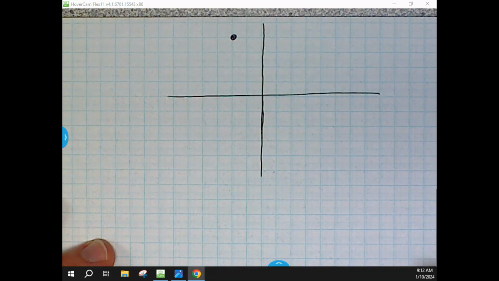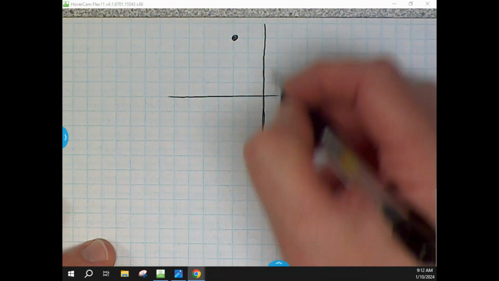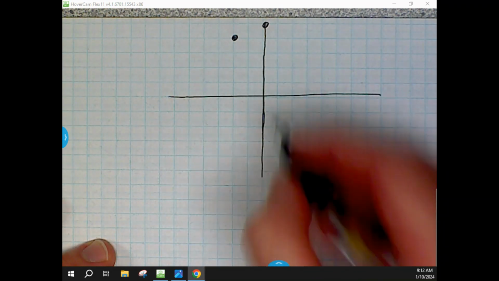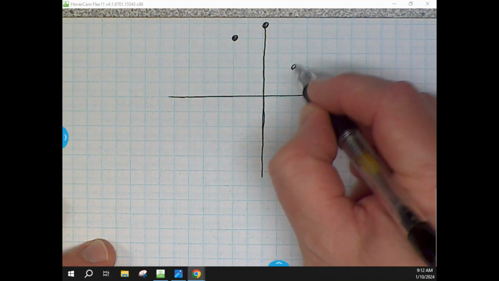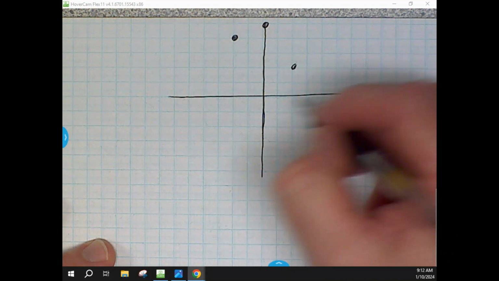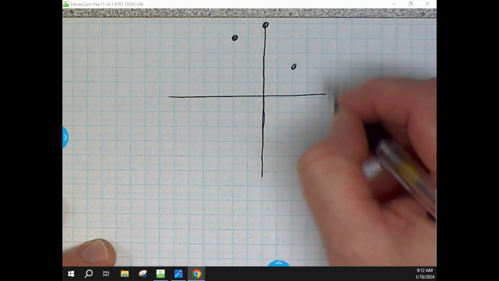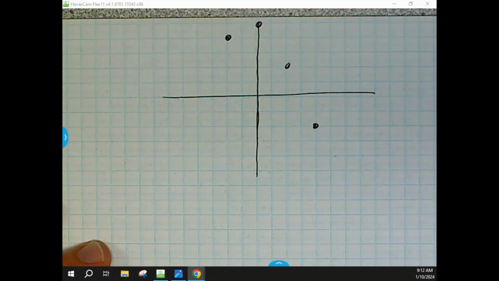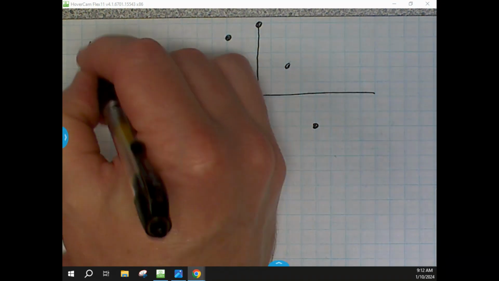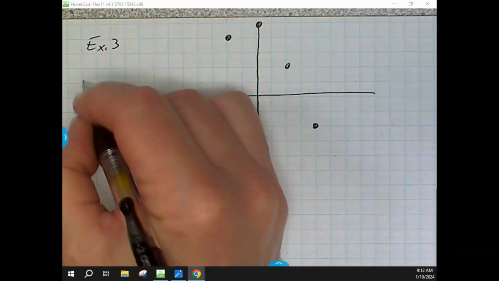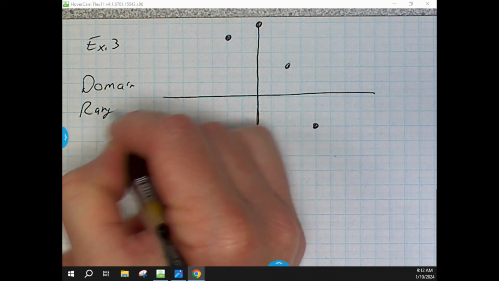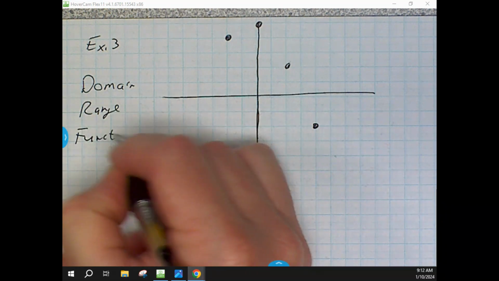So they'll give you something like this where you got a point here, maybe a point here, and something like that. Okay, and it'll be the exact same question for this one. List what the domain is. We'll list what the range is, and we'll figure out if this thing is a function or not.